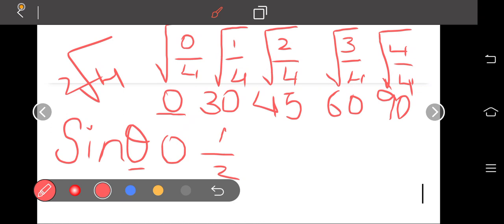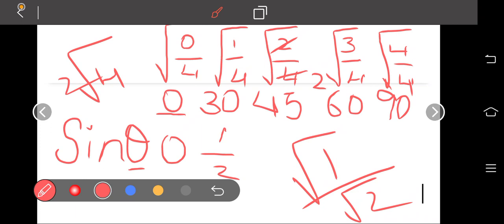And then coming to 45 degrees, you can cancel out the numerator and denominator. So 1 time, 2 times. So this will be root 1 by root 2. Root 1 is 1 itself.